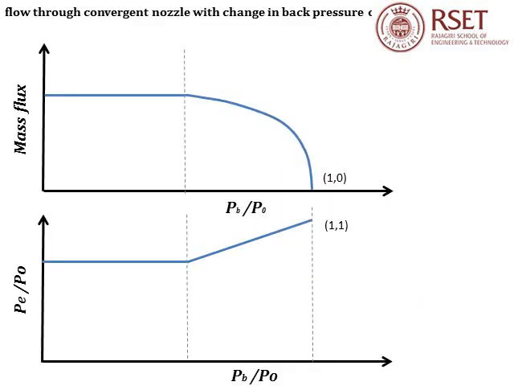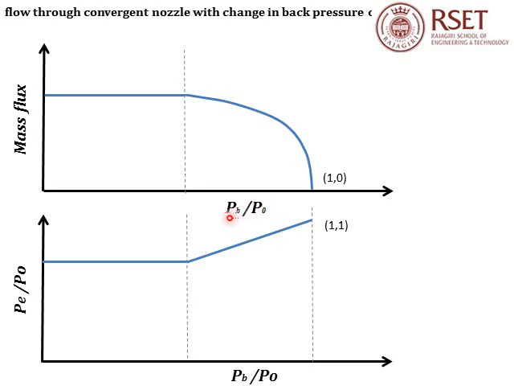Here we discuss the variation of mass flux and exit plane pressure with back pressure. For this, we are using the following graph. Let us first start with the term mass flux and its variation with respect to back pressure.